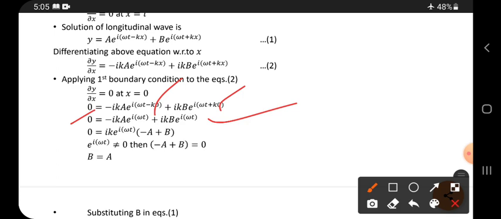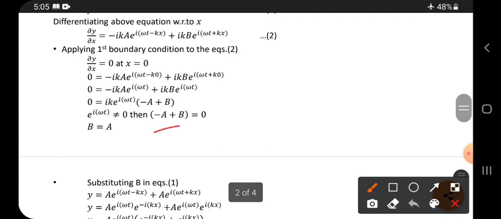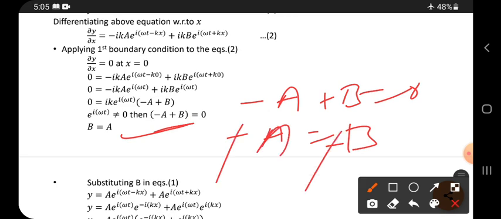We know this term is never 0, so automatically the bracket is 0. Then we can write b = a. Why? Because −a + b = 0 means −a = −b, the minus cancels, a = b, which can also be written as b = a.